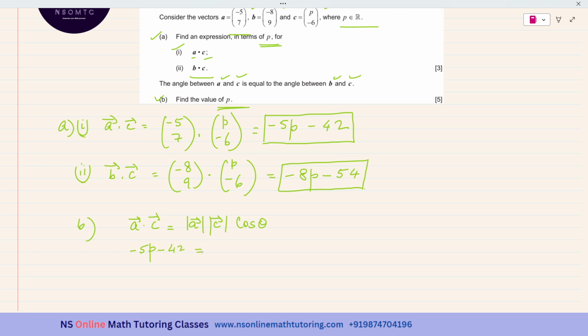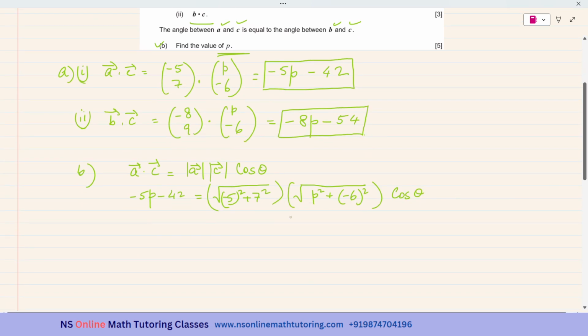And what is the magnitude of the vector A? It is the square root of minus 5 whole squared plus 7 squared. And the magnitude of the vector C is the square root of p squared plus negative 6 whole squared, and cos theta.